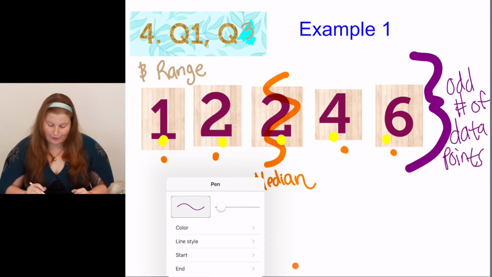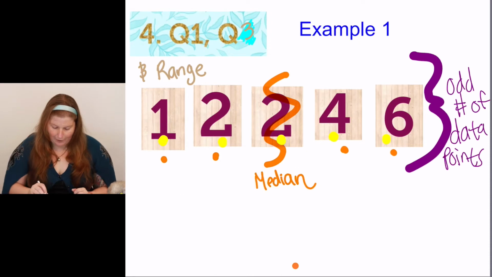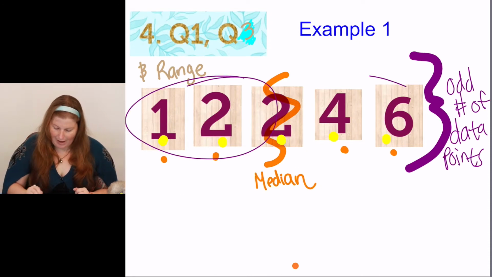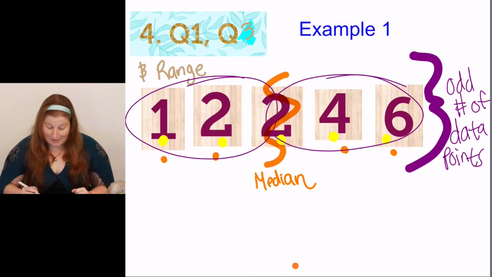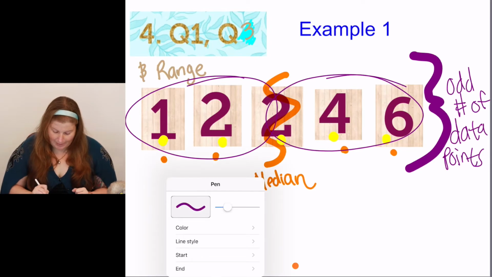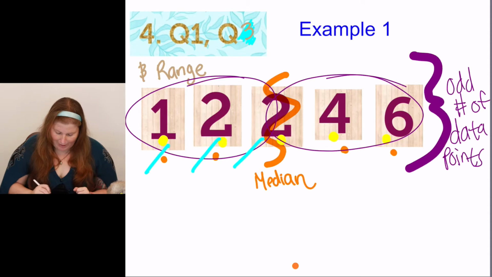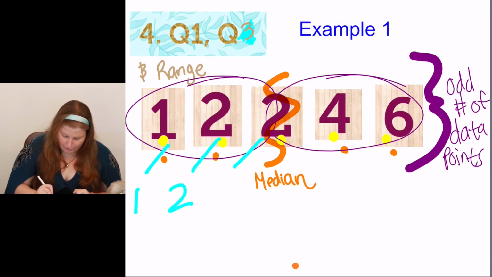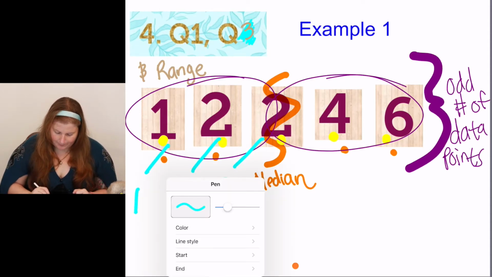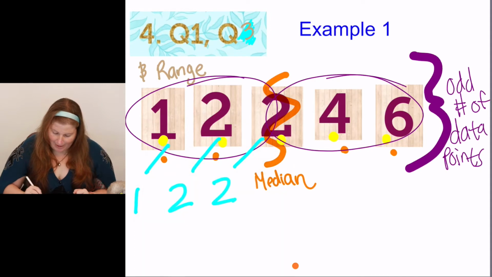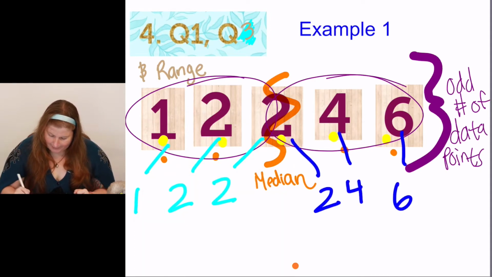So if we kind of look at this as 1 half over here and another half over here, the 2 is on both sides. And what that's going to look like is this side would have the numbers 1, 2, and 2. And this side would have the numbers 2, 4, and 6.